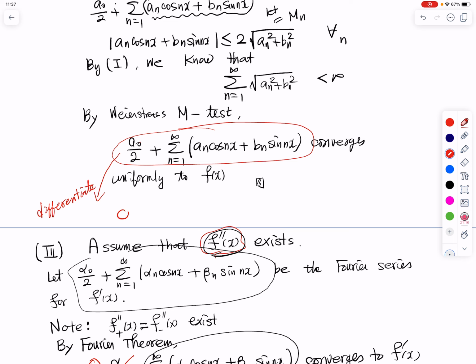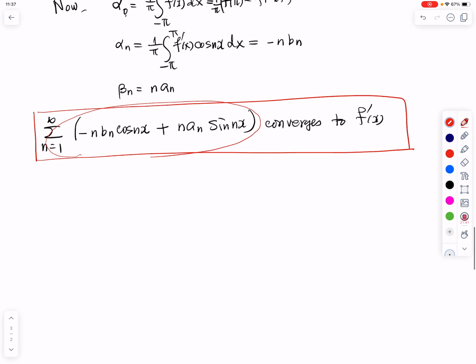Then 0, and then you have n equals 1 to infinity. Derivative with respect to x, you have minus n an cosine nx, or sine nx. Okay, you have sine nx. And then here n bn cosine nx. That's exactly this one. Okay, so this is done.